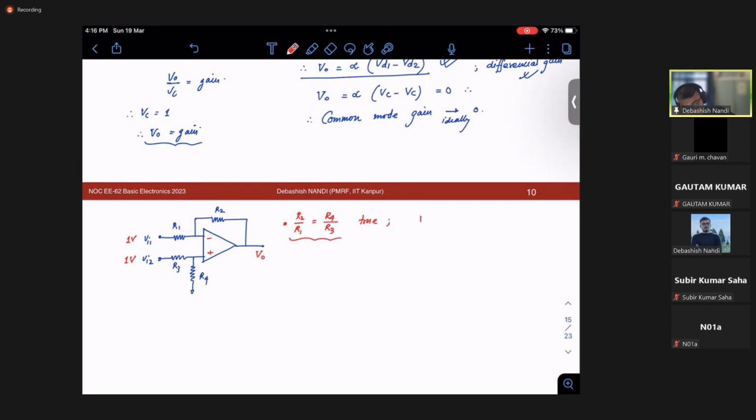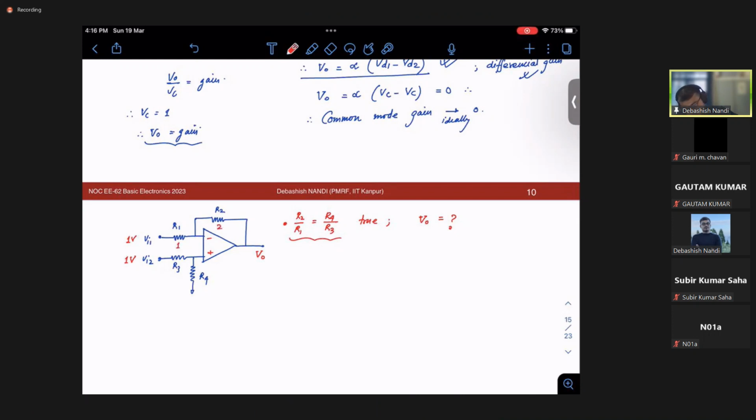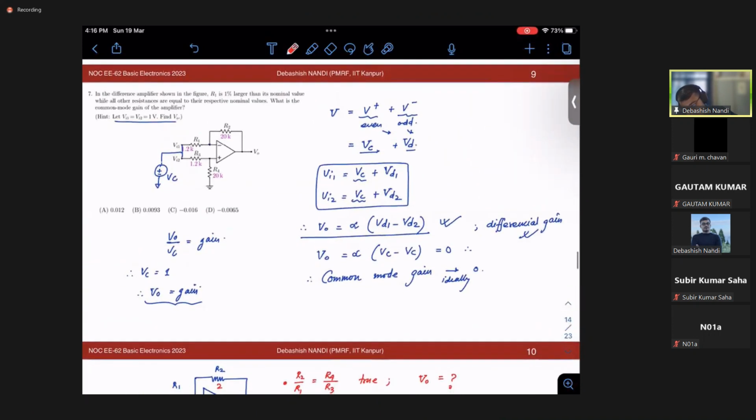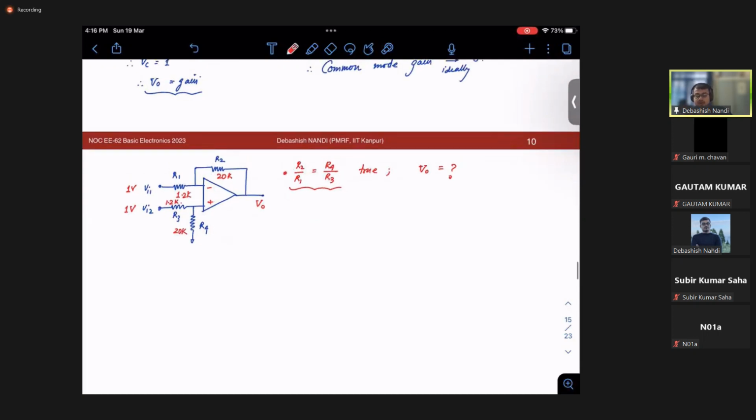Let's say take whatever values they have given: 20K and 20K, 1.2K and 1.2K. Then what would be my V naught?